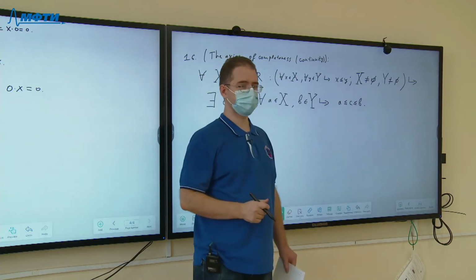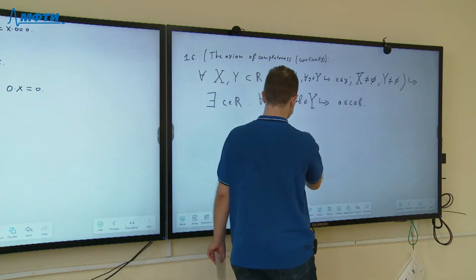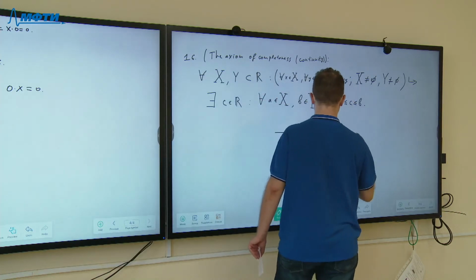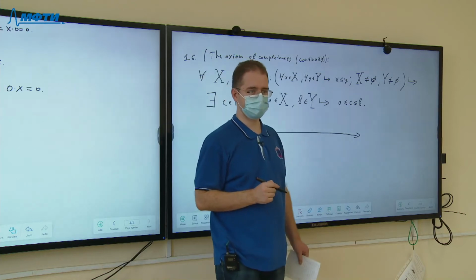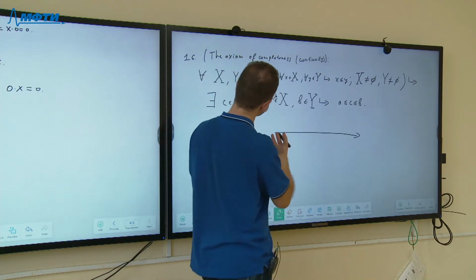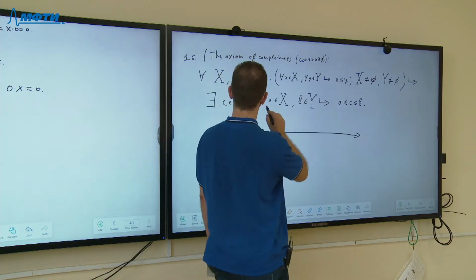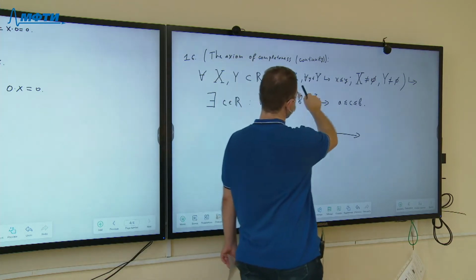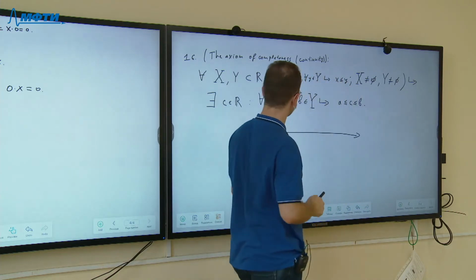You are, of course, familiar with the real line. So this statement has a good geometric interpretation. So this condition, well, X and Y non-empty, okay, this is easy.